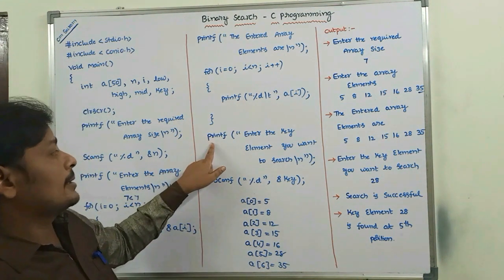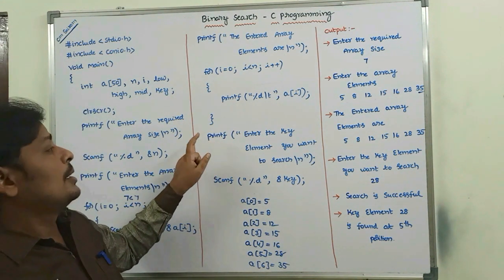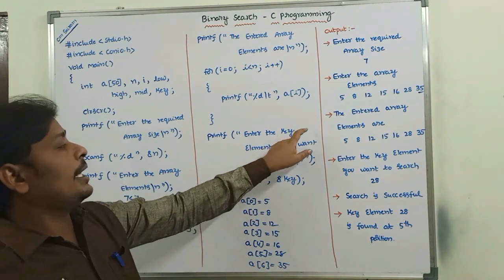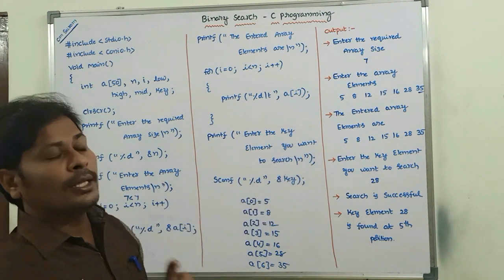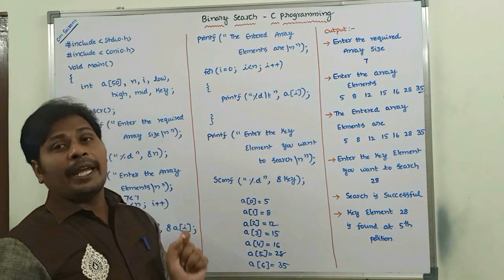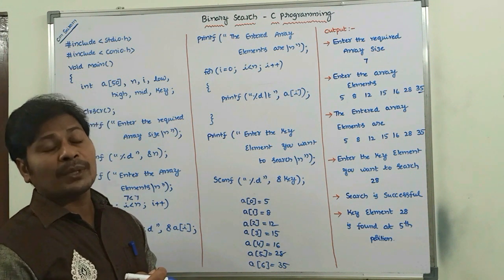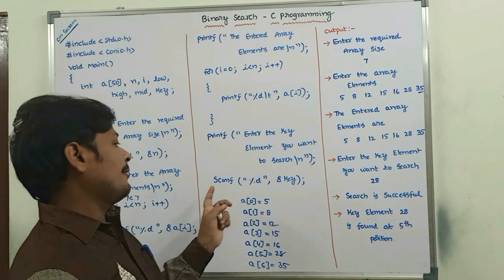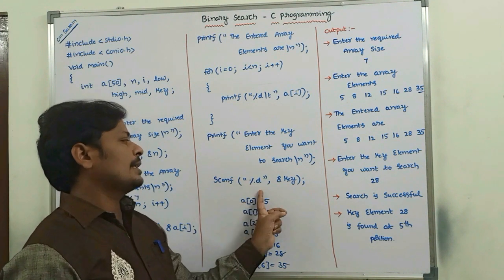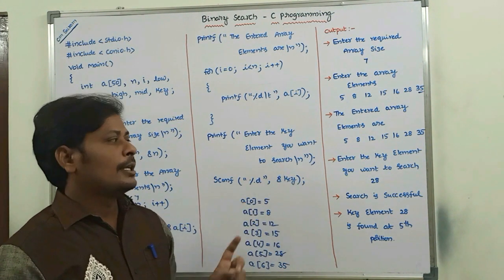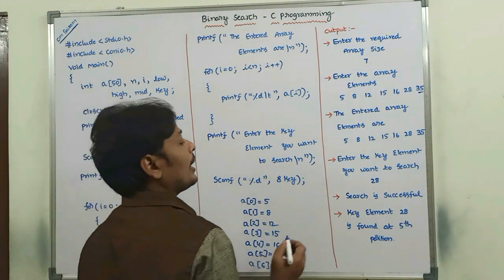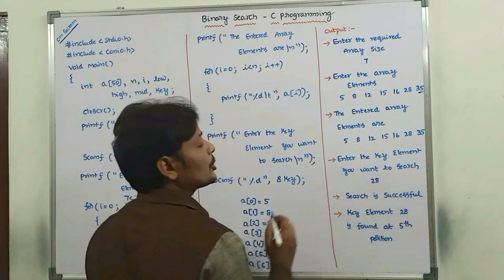So this is the statement after the for loop. So printf, enter the key element you want to search. Whatever key element you want to search, that key element is read from the keyboard by using the scanf function. So scanf("%d", &key). The key value that we entered from the keyboard is 28.